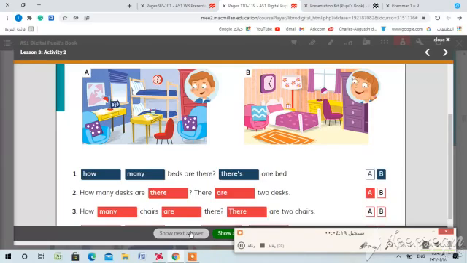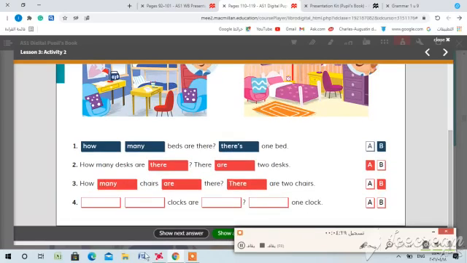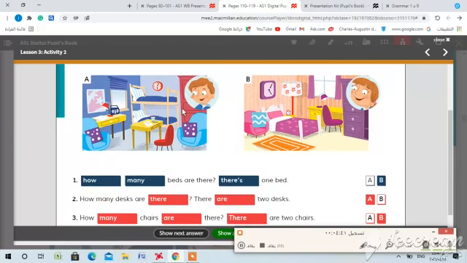There are two chairs in picture B. This is number 1 and this is number 2. Now let's continue. Number 4. How many clocks are there? Question mark. There is one clock and it's in A. Look at picture A. There is one clock in picture A.